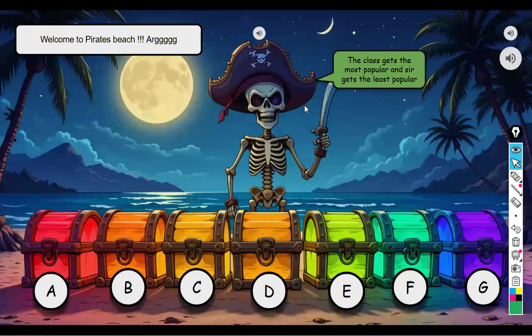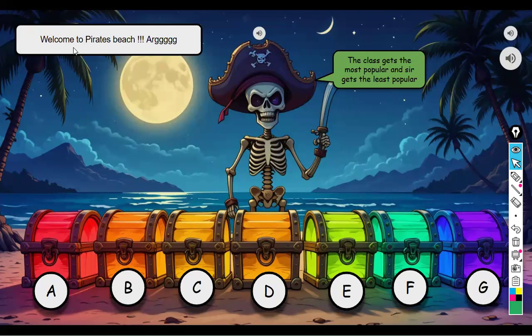It is G. G is the most popular one. Which one is the least popular one here, guys? I think it's D, if I'm not mistaken. Help me out there. Which one is looking like the least popular one? It's D. All right, so that means you guys get G and I get D.